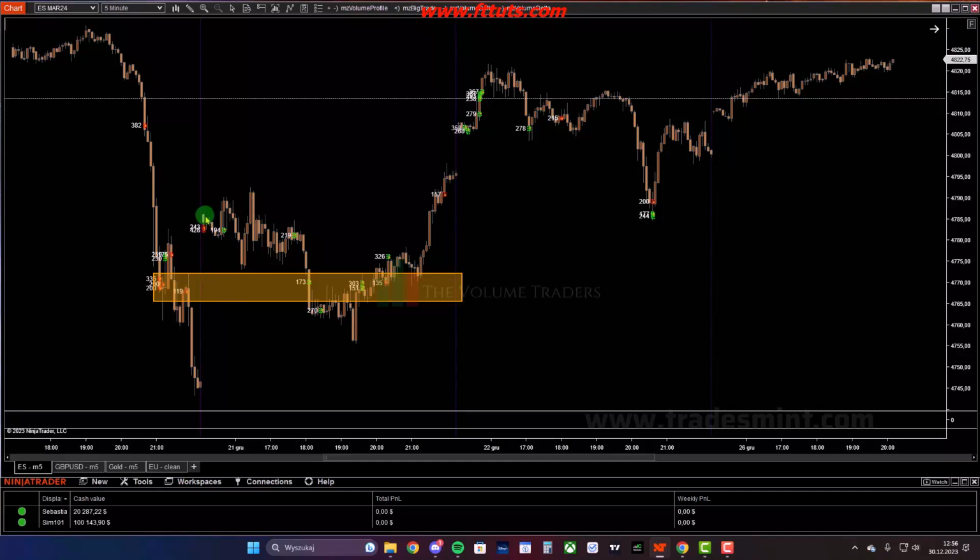It means that probably more participants want to see a bullish market rather than a bearish one. So that could be the area of interest to look for buys. And the buyers' activity appeared here. Below the zone, some big buyer appeared.